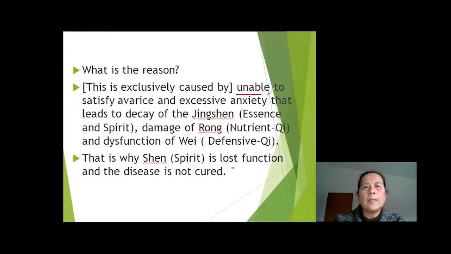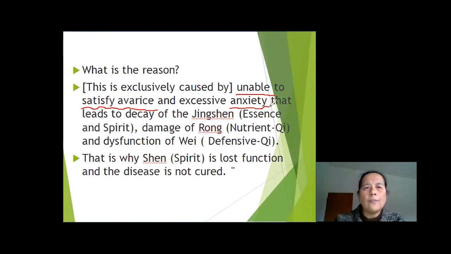People live without discipline in their lifestyle and do not maintain a healthy condition, like we talked about following the yin yang, and are always anxious about something.